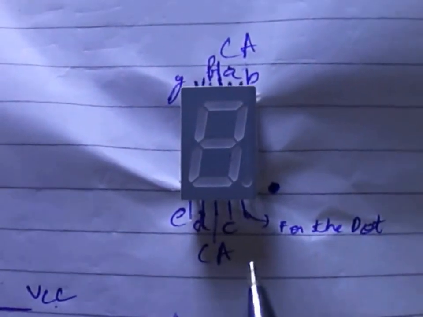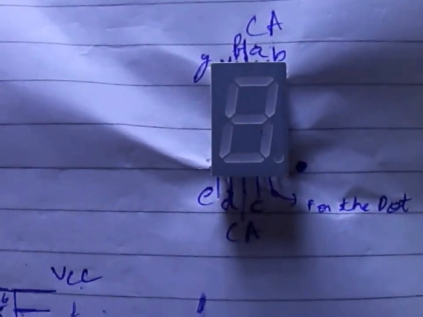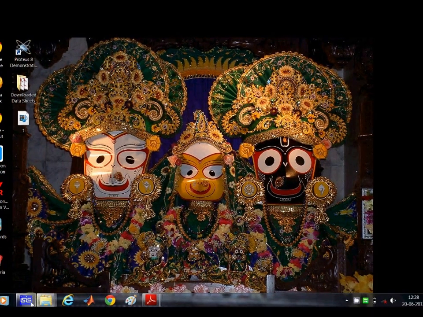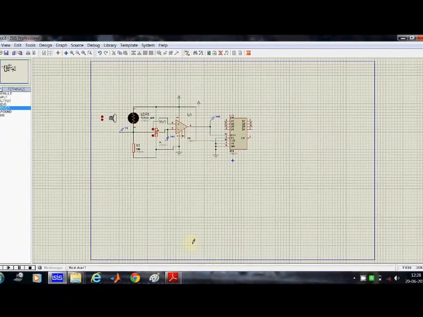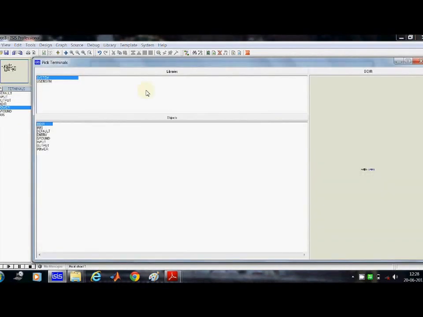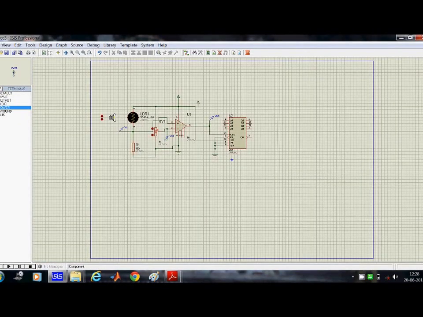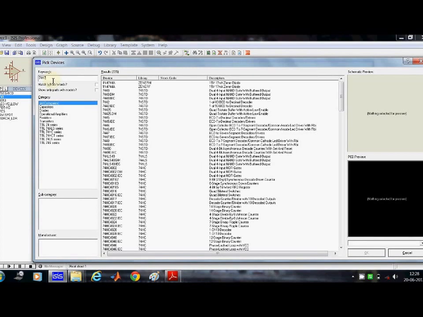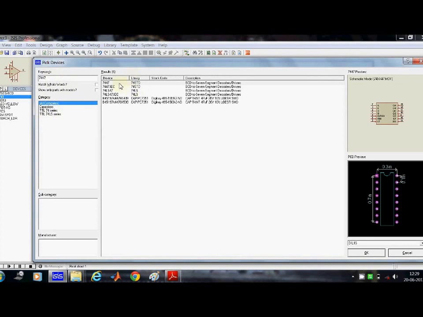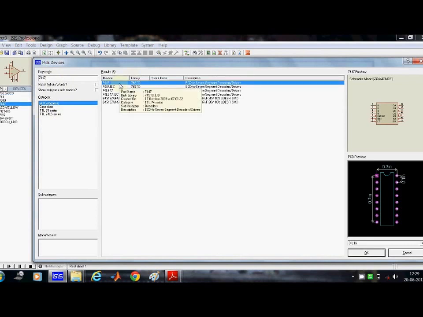So having discussed the pin diagram of the 7 segment LED, we are now ready to simulate in Proteus, and this was the place where we left. So I am removing this part. Now we'll need one more IC, that was the 7447, and this is it.